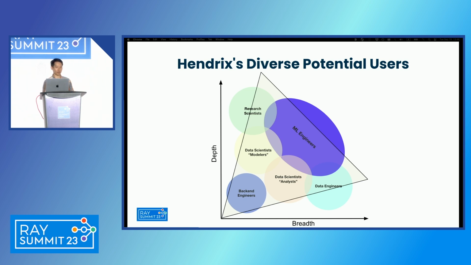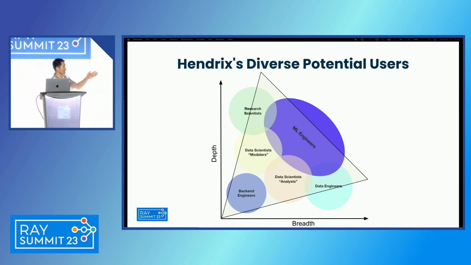It spans the range from research scientists who prototype and experiment on new ideas, data engineers who explore and optimize features, to ML engineers who implement and productionize models, data scientists who analyze and A/B test results, and backend engineers who want to serve that final model in production.